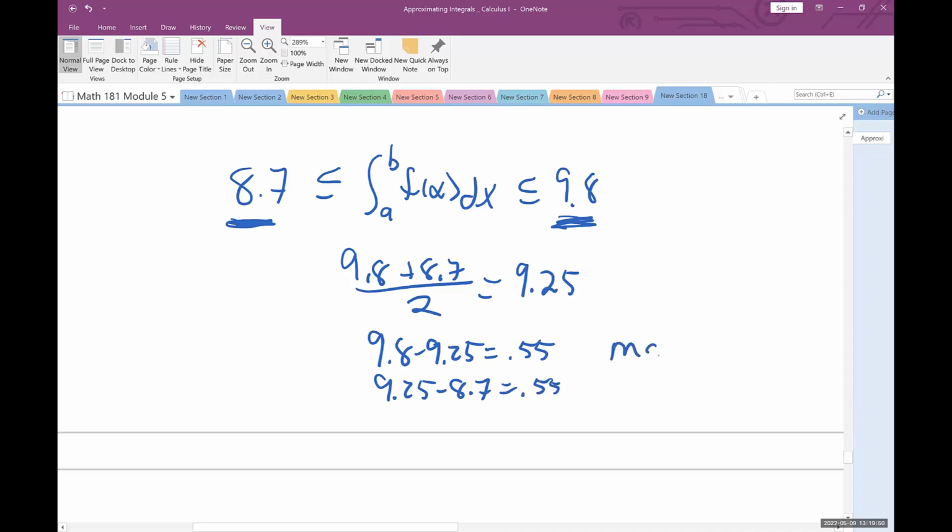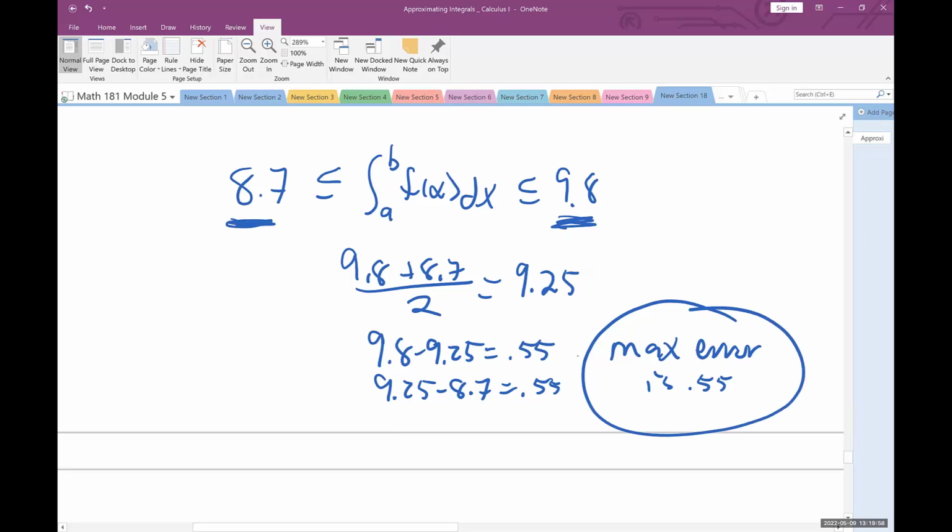So the maximum error is 0.55. That's it. There's a couple of problems like that you're going to do. I have another one I'll show you. I think that was like number 1 from the homework.